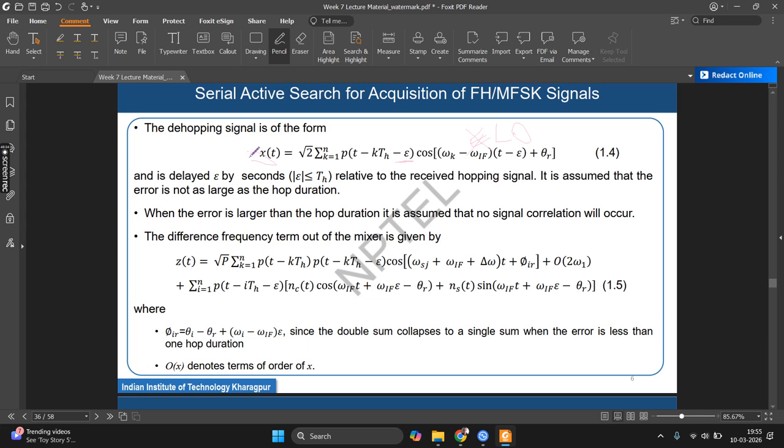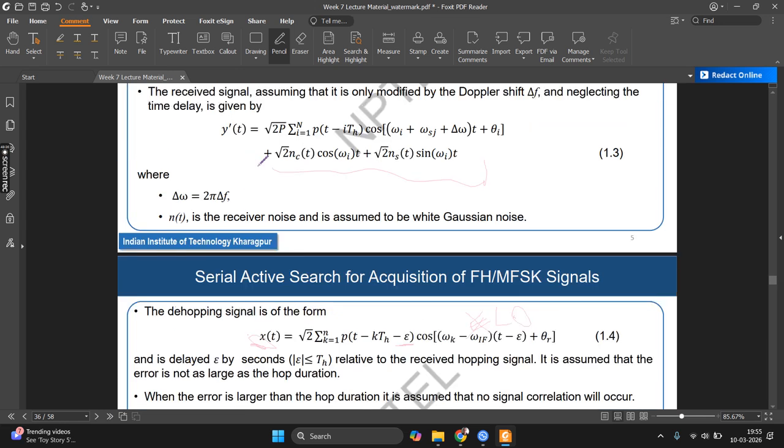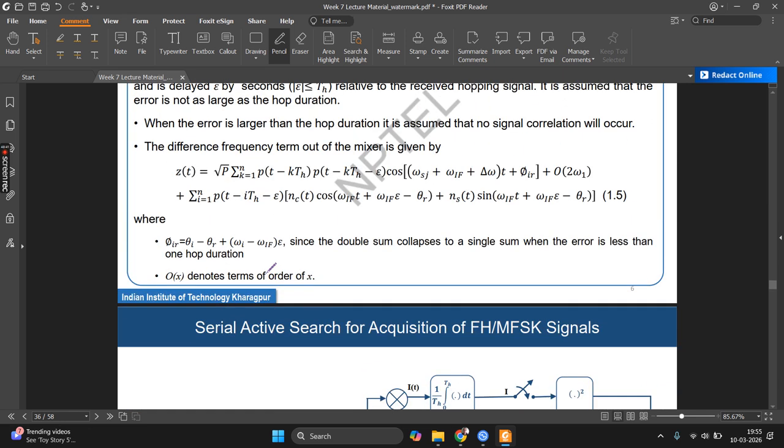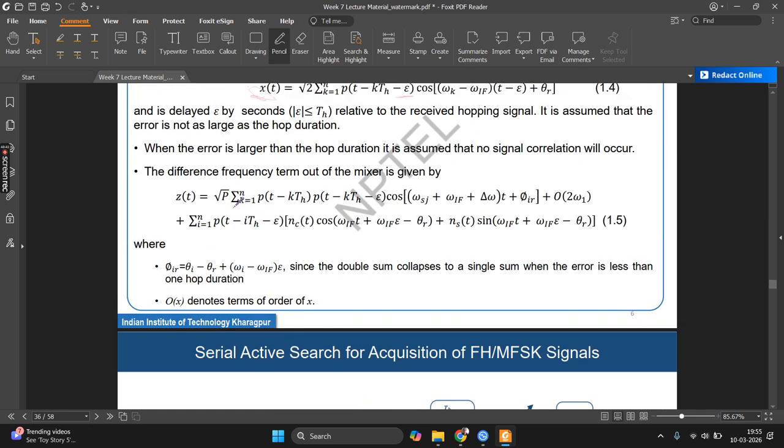Because this is a mixer, the dehopping signal has to be multiplied with the transmitted signal, and you will get something like this. It will have the pulse in the square form, and it will have a cos component and some residual terms, which is denoted by O(2 omega). And then there is another pulse which is multiplied by the noise. So the noise is also getting shaped by the transmitter pulse.